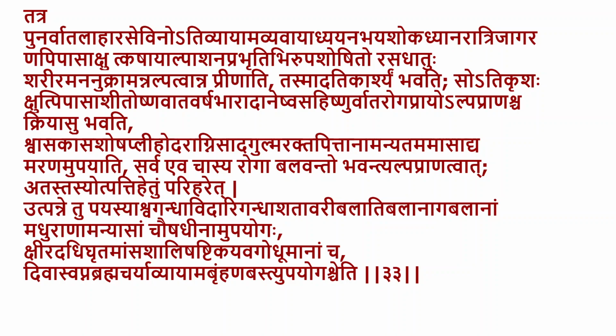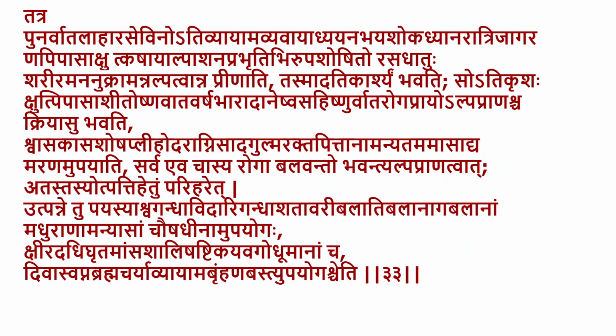Now, emotional disturbances like bhaya, shoka, dhyana, etc. can also result in kasya, and kasya can result in reduced tolerance to stress. Kshutipasa, shita, ushna, varsha, bharadaneshu asahishnu: the stress tolerance of the person is reduced. It can result in vataroga, and alpa prana, the vitality of that patient would be reduced.